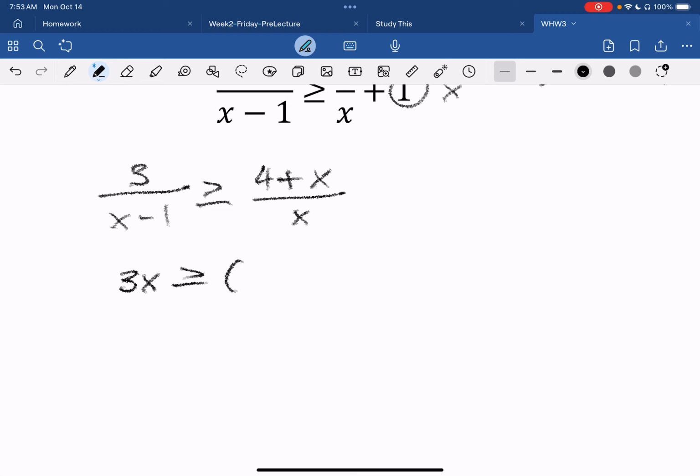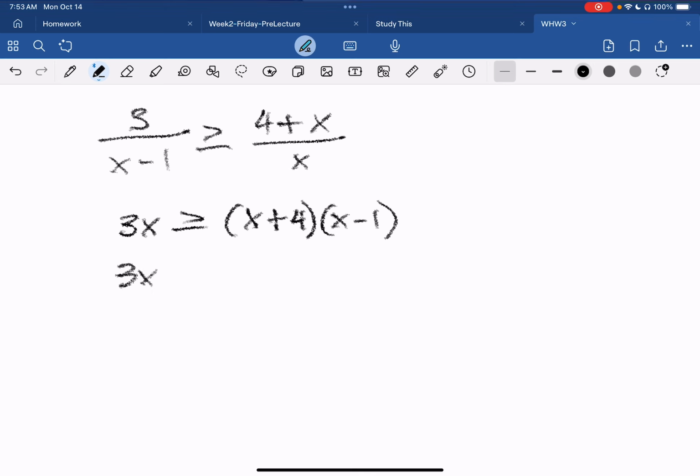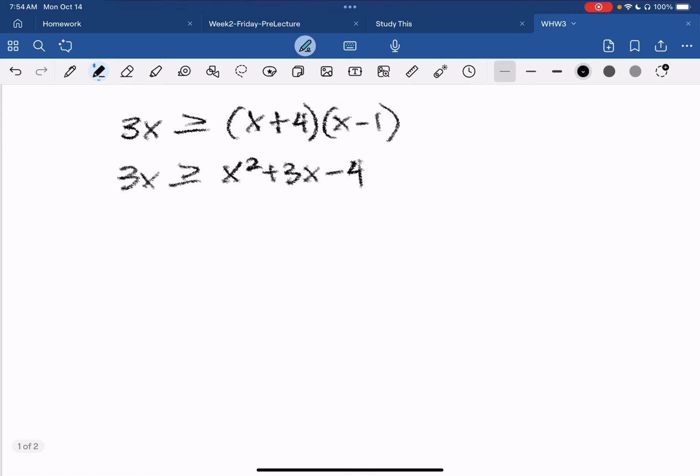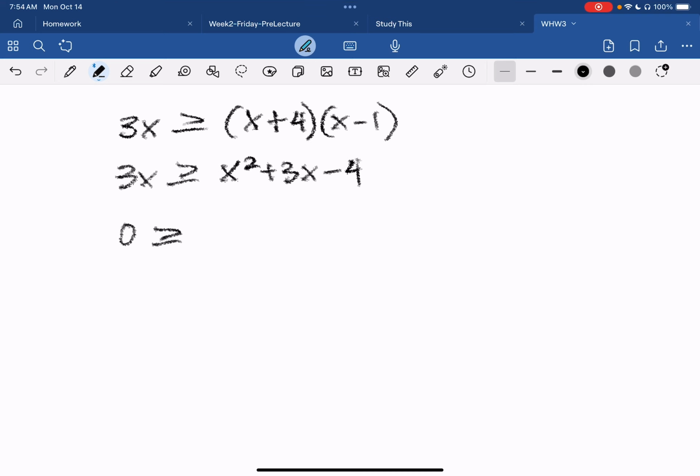I'm going to write 4 plus x as x plus 4, and then x minus 1, so it's easier to FOIL out later. 3x is greater than or equal to x squared plus 3x minus 4. Then I say 0 is greater than or equal to x squared minus 4.